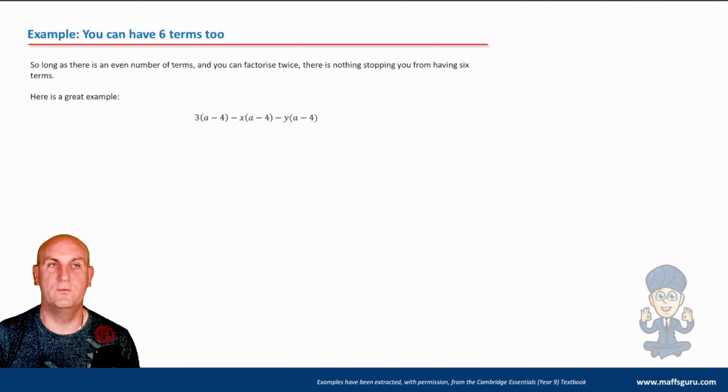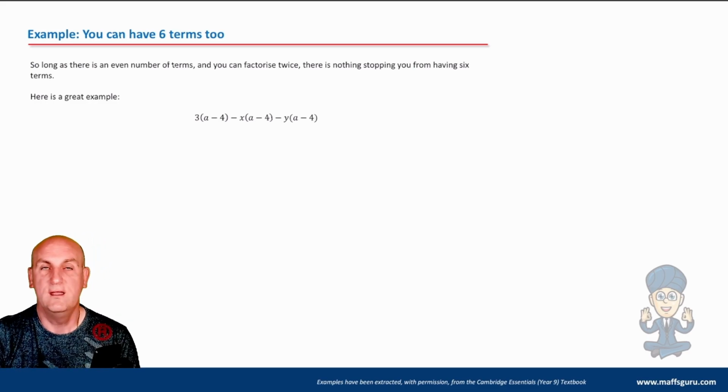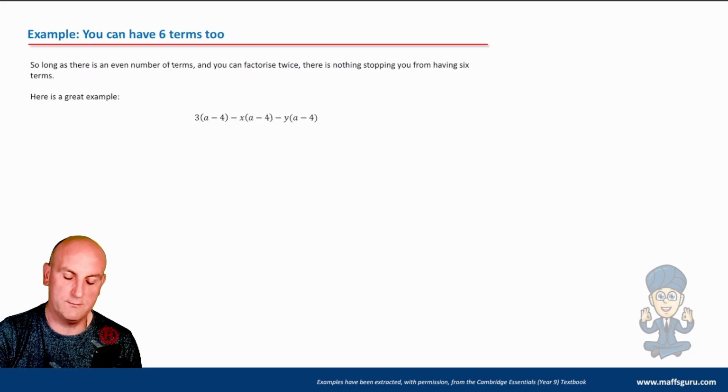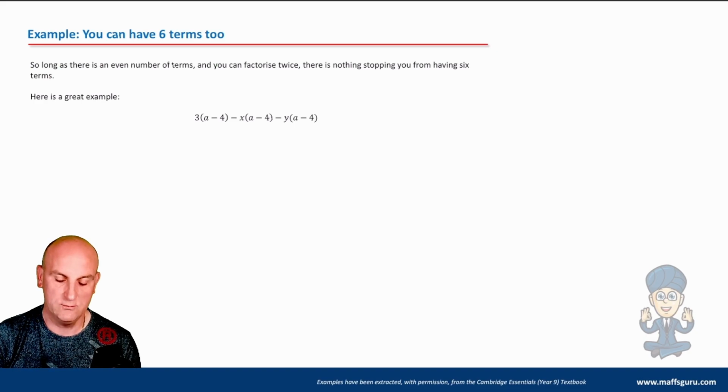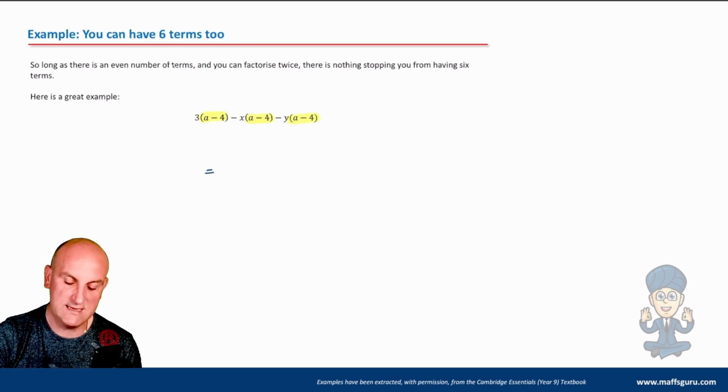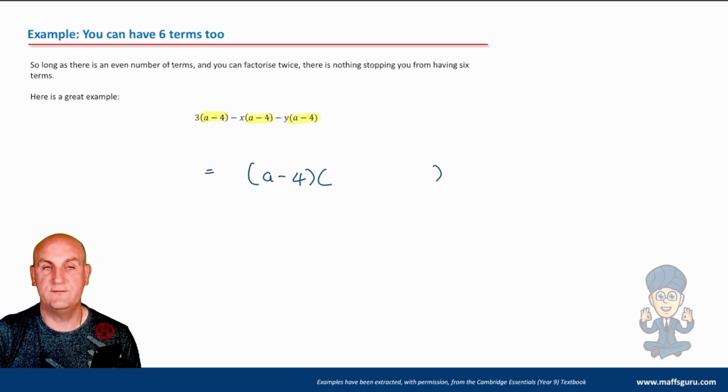All right, but what about if I have all these things here? Well, this is a great example, but again, it doesn't matter. In previous videos, we showed that it doesn't matter how many terms you have, so long as they all have a common factor, you can move the common factor out. So let's work along my terms. Do you notice anything the same? Well, yeah, I've got an a minus 4 in brackets there, an a minus 4 there, and an a minus 4 there, which means I can take the a minus 4 out of a set of brackets.